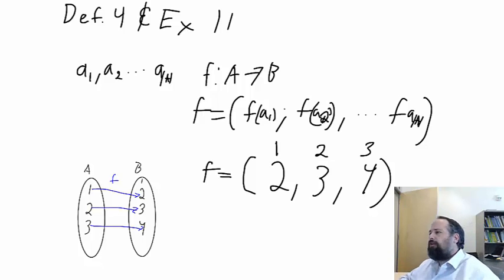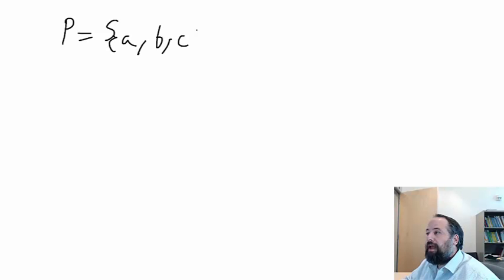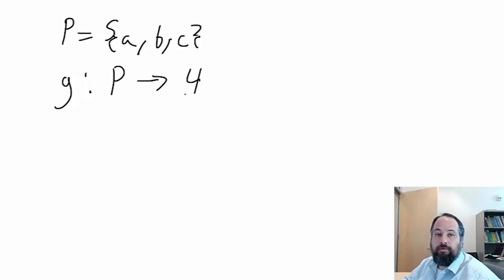But let's do another example. Okay, so you might see something like this. Let's say that set P is A, B, and C. Then we might see something that defines a function G, which is P to 4 underlined.